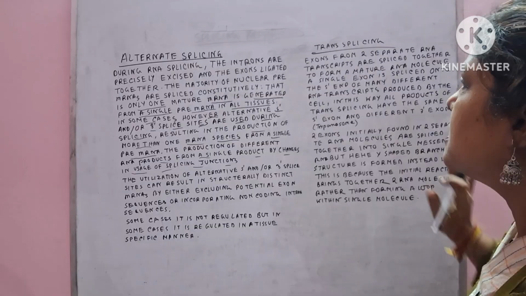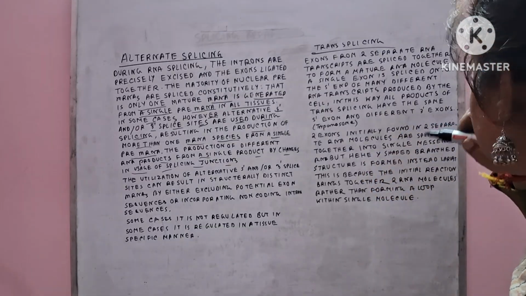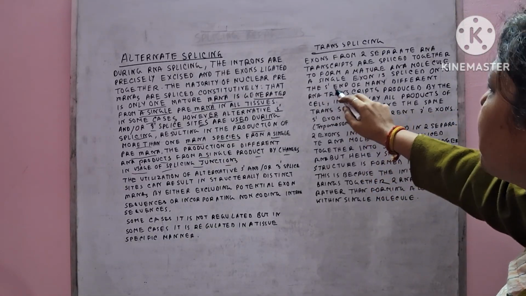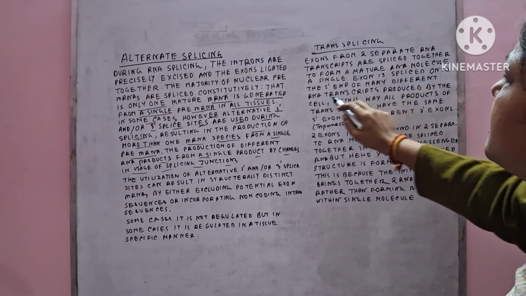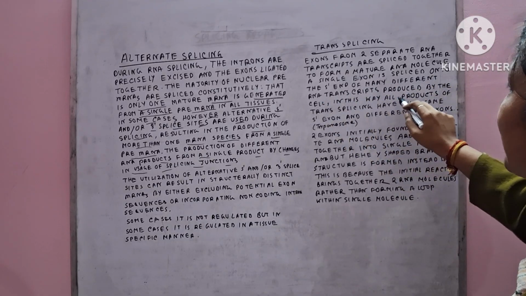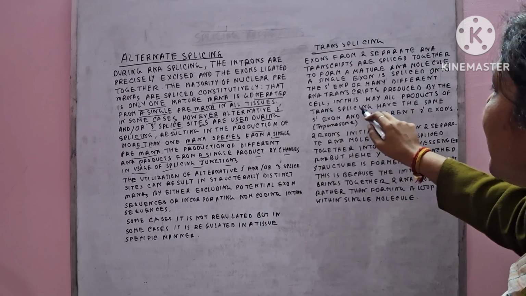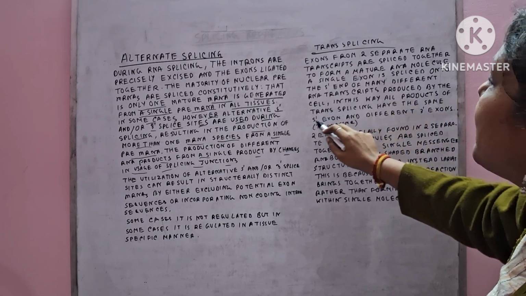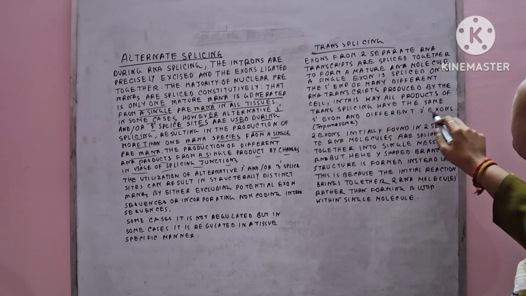This is trans splicing. And here the 5' end of many different transcripts is produced by the cell. In this way, all products of trans splicing have the same 5' exon and different 3' exons.